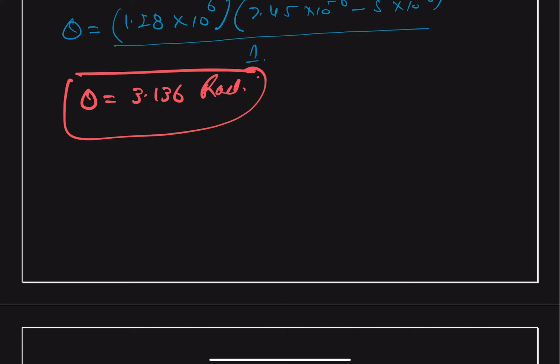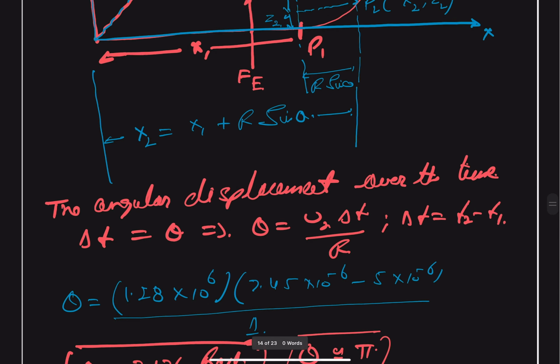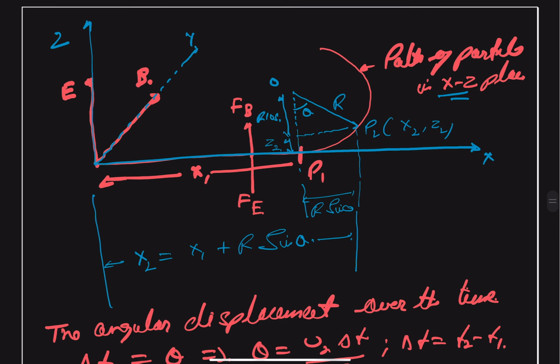And this can be approximately taken as pi. So it means the particle completes a half circular motion, something up till here.